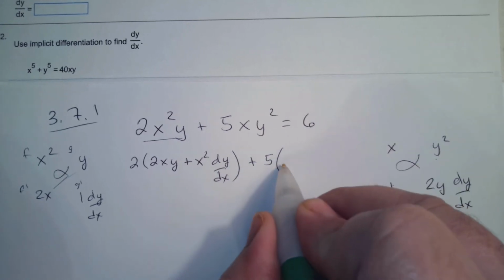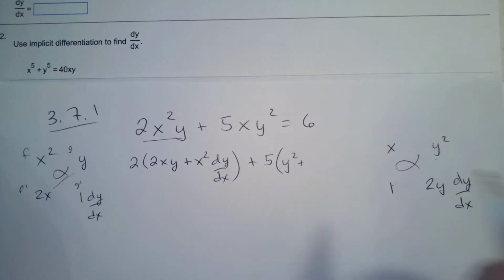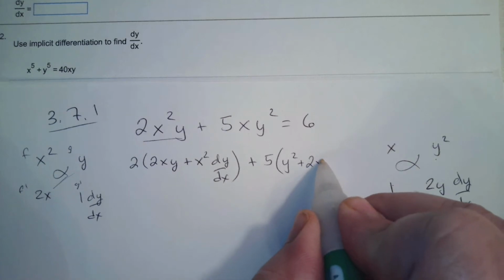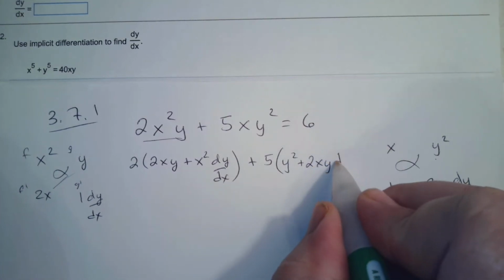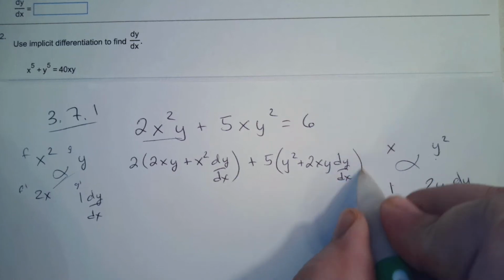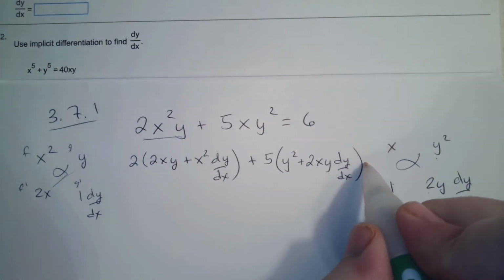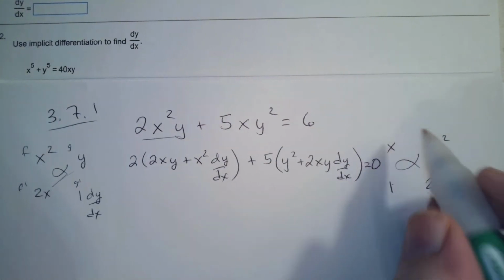So 1 times y squared is y squared, plus 2y times x is 2xy dy/dx, equals the derivative of 6, which is 0.